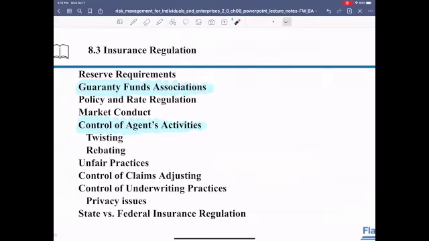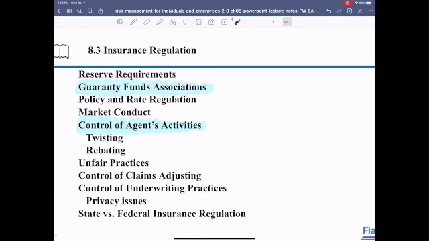Now, this is important for you to understand, especially those of you who are going to be working one-on-one with clients: insurance companies are all forced to kick in to a guarantee fund for each state. Every state has their own guarantee fund.